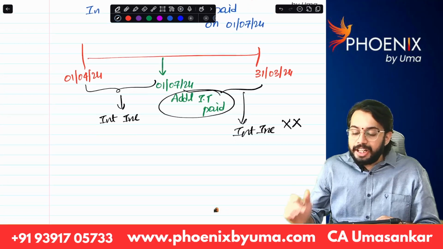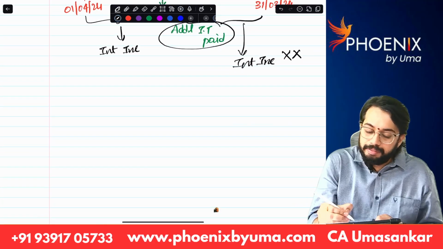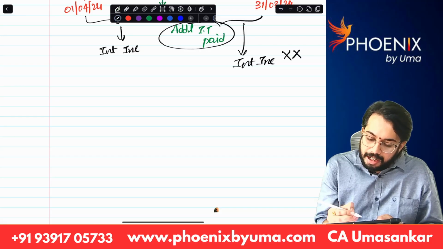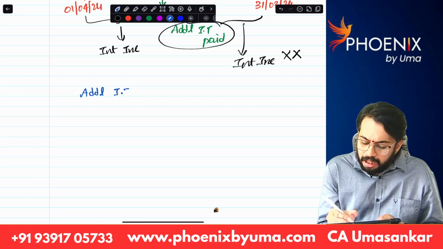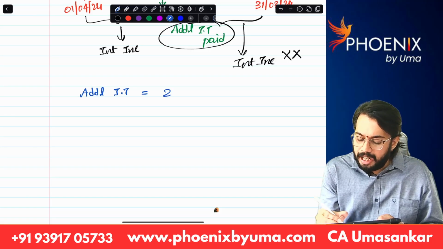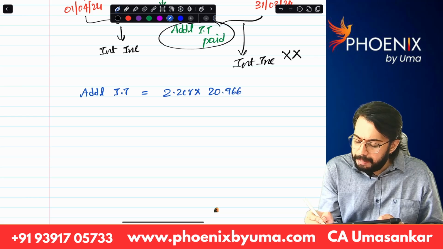Now, how much is additional income tax? Additional income tax is 20.9664%, correct? So 2.2 crores into 20.9664%.